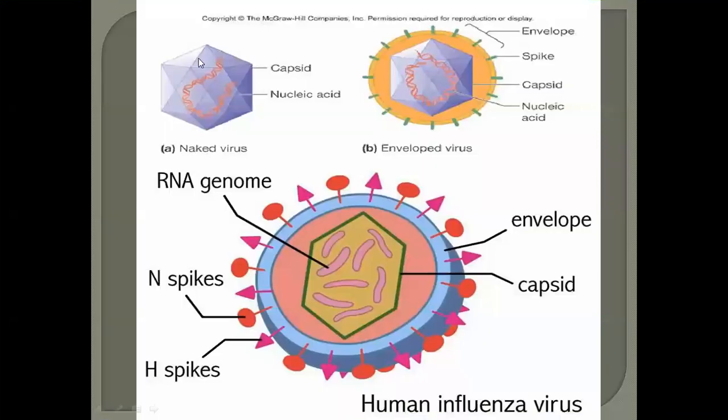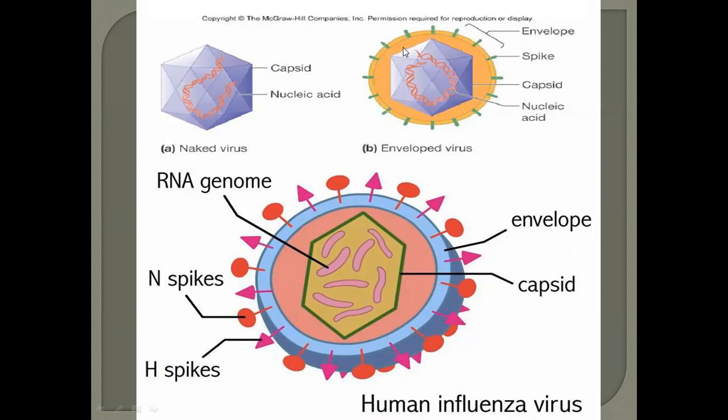See, this is the genetic material we see in a virus, which is covered with a capsid. So these are the viruses called naked viruses. The same virus covered with an envelope we call an enveloped virus.